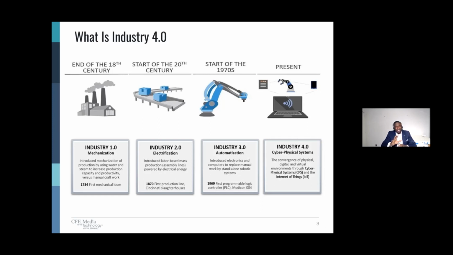The overarching terminology would be called the fourth industrial revolution, Industry 4.0, or like we said in the beginning, I 4.0, or whatever you want to call that. That's where we are, and that's what we are on the bleeding edge of. And we will talk about exactly where we stand presently.